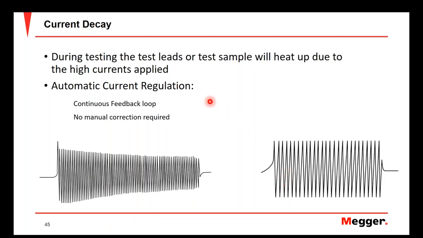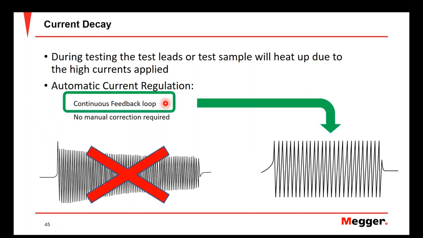However, there is an automatic means of getting over this hurdle, and that's a continuous feedback loop. The continuous feedback loop will continuously provide information to the breaker of how much current is being sent through the circuit to negate the influence of this current decay phenomenon.